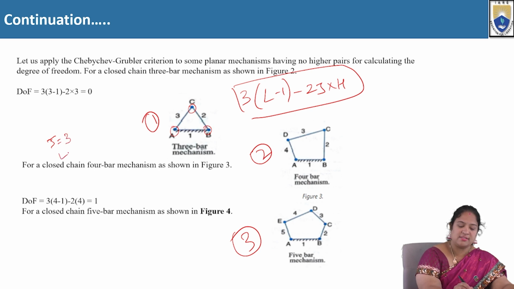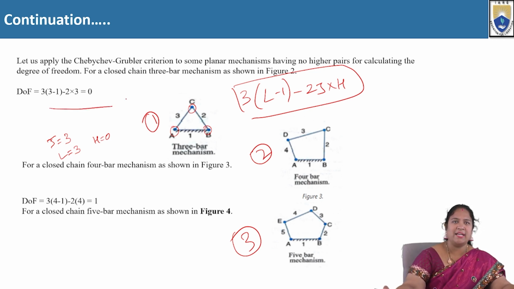So 3 into (3 minus 1) minus 2 into 3. We don't have any higher pair, so the higher pair is equal to 0. So what is the degree of freedom for a 3-bar mechanism? It is nothing but 0. That is, for a 3-bar mechanism, the degree of freedom will be equal to 0.